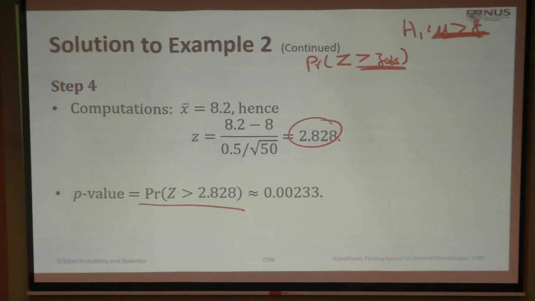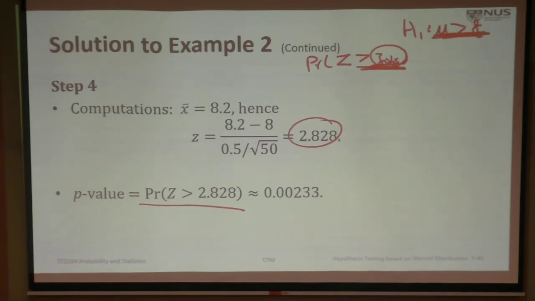So we look at the chance of being bigger than what I observed. The reasoning is like this. If the alternative is true, I expect a bigger x bar, therefore a bigger test statistic value. Now I have this observed value, 2 point something. Is this considered big? Look at the chance that you're bigger than me. If the chance is very small, that means I'm big.